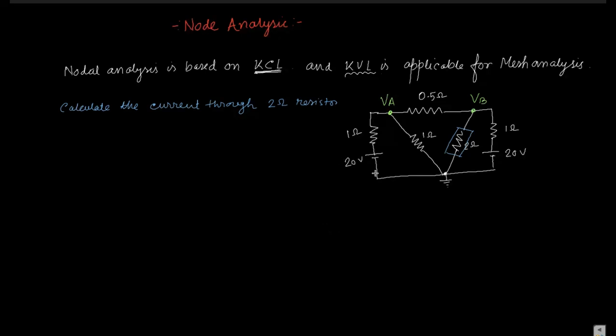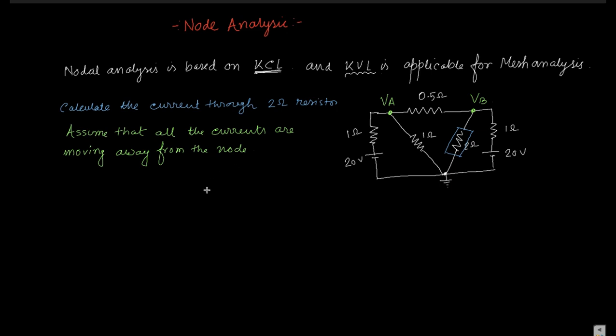Then one assumption must be made: assume that all the currents are moving away from the node. Okay. So now we have to apply the KCL. It means that you have to write the current equation.